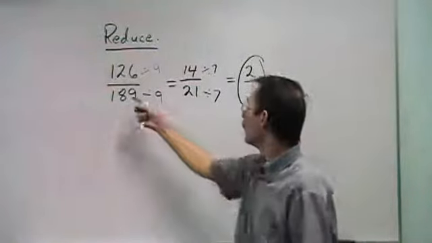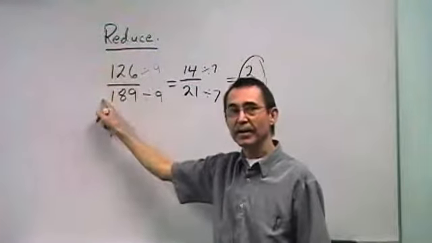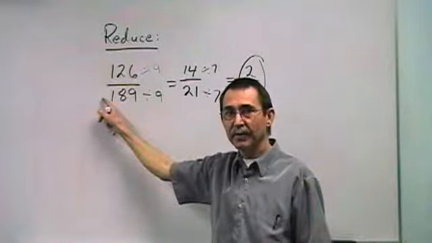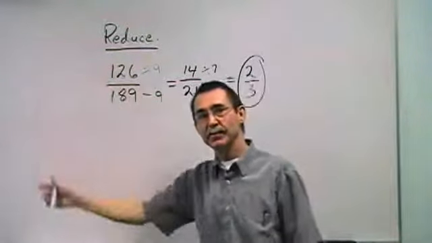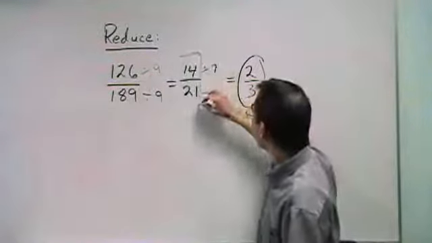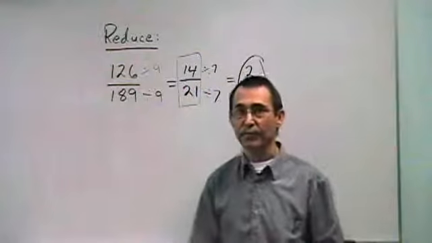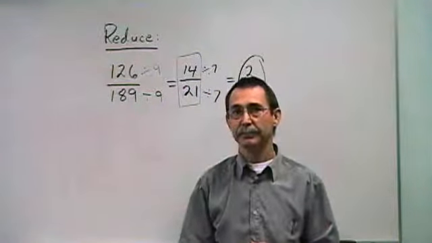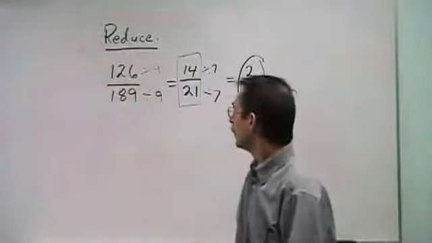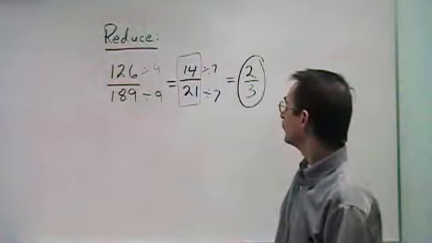So this big monster, 126 over 189, it looked fairly daunting to start with. But once we used some tricks, we could get it into a number that we could work with. We can work with 14 over 21. Okay? So that's reducing.